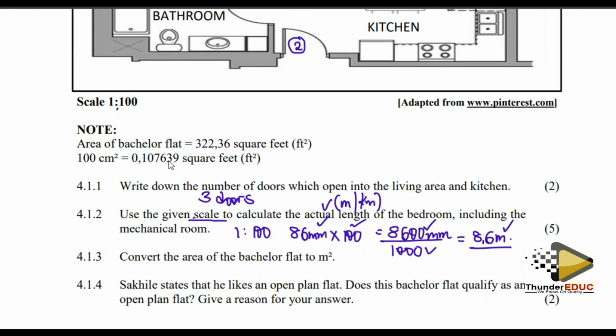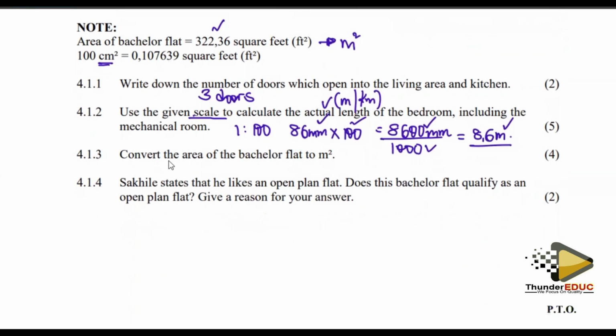Question 4.1.4.1. Right, convert the area of the bachelor flat to meters squared. Here we go. We have the area given to us, but it's in feet squared. So feet squared, they want it to be changed to meters squared. The conversion factor they have given you, it's centimeters squared. You see that? So let's go and I'll pick the conversion factor first.